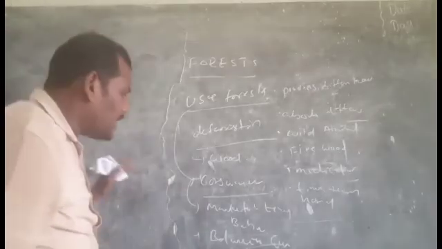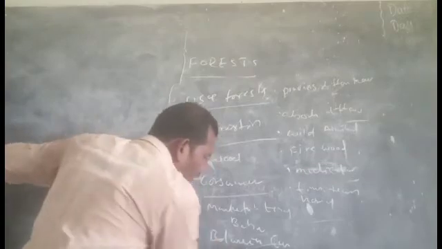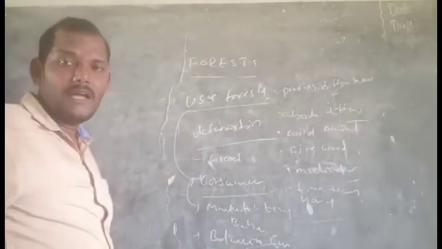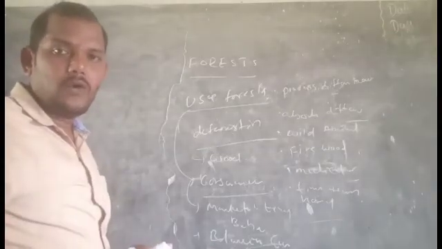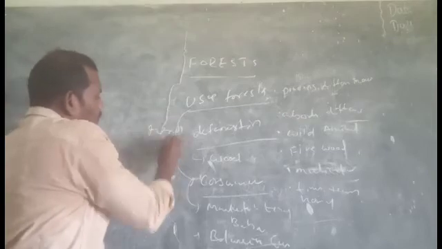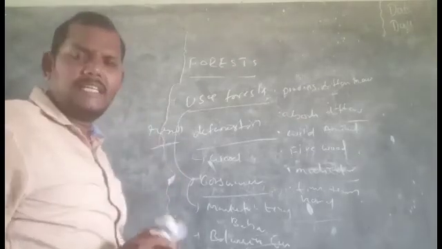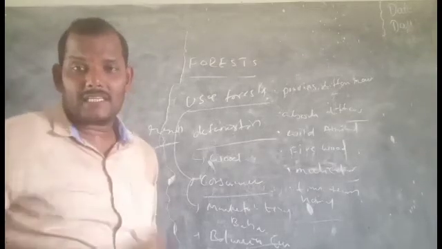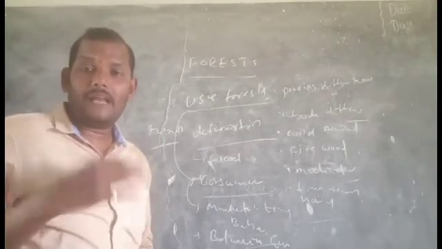That's why the third use of the forest is balancing the ecosystem. And the fourth one is research. That means most of the people have studied the forest, the purpose of the forest. How can it be helpful to the people?